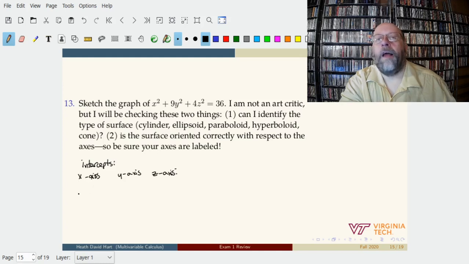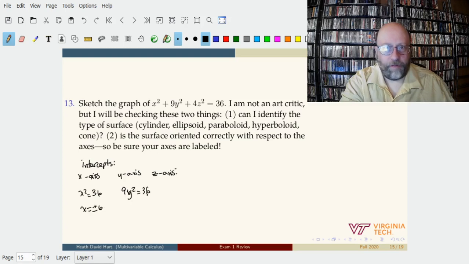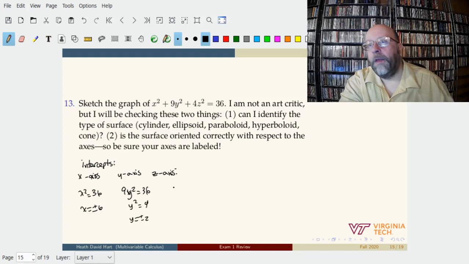In the x-axis, we're looking at the equation x squared equals 36. And so x is equal to plus or minus 6. In the y direction, we're getting 9y squared equals 36. So y squared is equal to 4, and so y is equal to plus or minus 2. Along the z-axis, we have 4z squared equals 36. So z squared is equal to 9, and so z is equal to plus or minus 3.